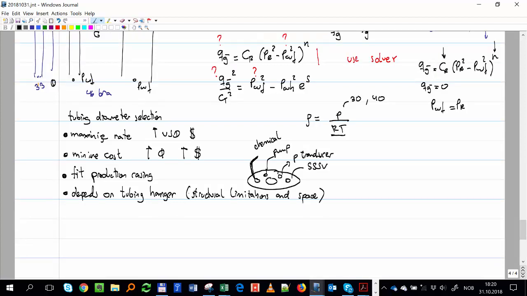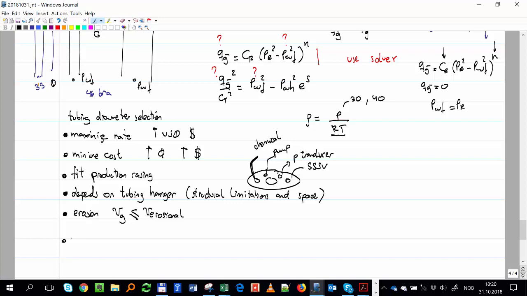And there are two more things that we are going to cover today. One of them is called erosion. The velocity of the gas has to be less than or equal to the erosional velocity, to avoid taking out material from the walls of the tubing.